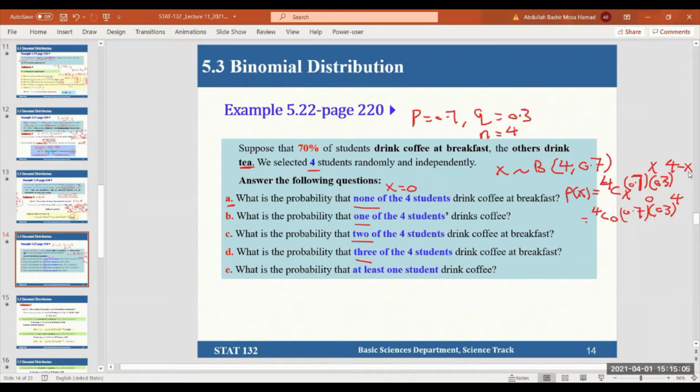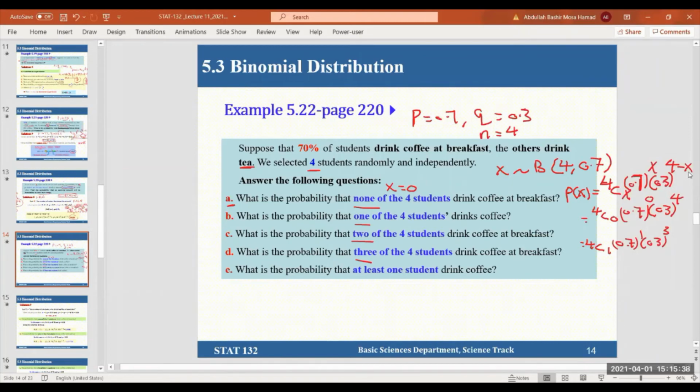Now we move to the second question, one of the four. Instead of X, we write 1: 4C1, 0.7 power 1, and 0.3 power 3. The summation of 1 plus 3 should be equal to 4, and the summation of 0 plus 4 should be equal to 4.